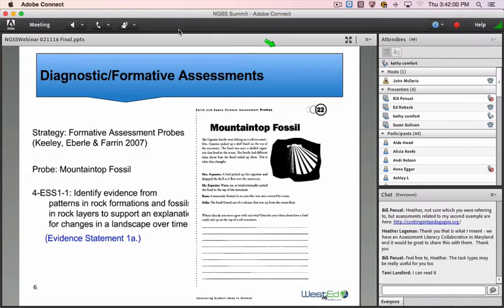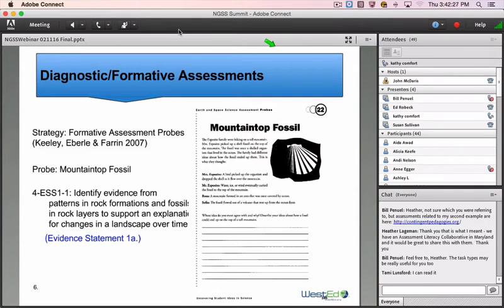Rosa said the mountain formed in an area that was once covered by ocean, and Sophia said the fossil flowed out of the volcano that rose up from the ocean floor. And so the question through the probe is, what do you most agree with and why?